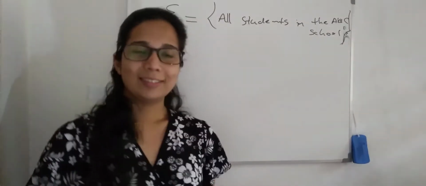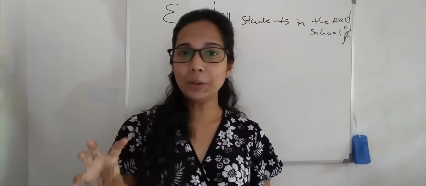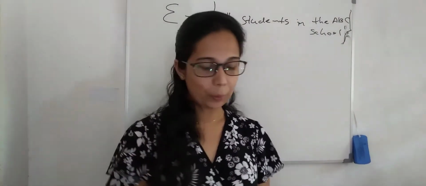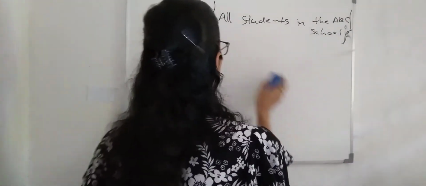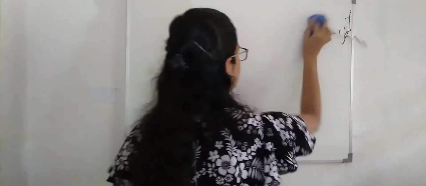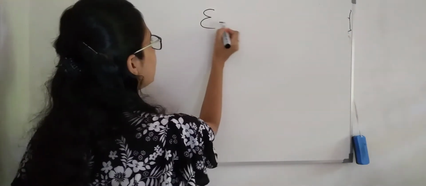We draw a rectangle to show a universal set. Let's take an example. You have been given this universal set.